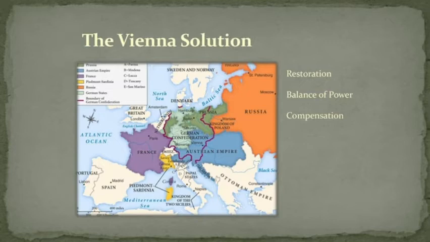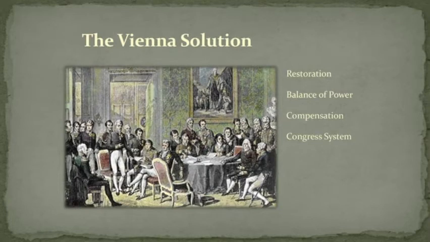In addition to this, the victorious powers recognized that this was a really good thing, to be meeting together rather than killing each other. As these victorious powers came together, they said we should do this more often. And so they agreed to something they called the Congress system. The Congress system was basically a forerunner to the European Union, the United Nations, and various other bodies like this.